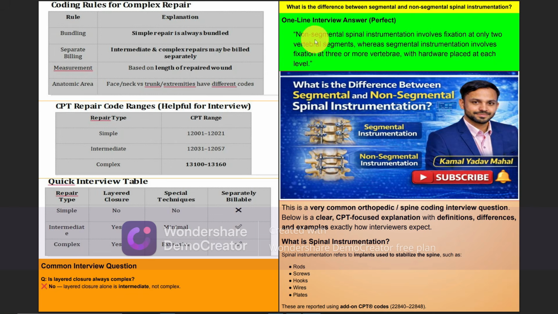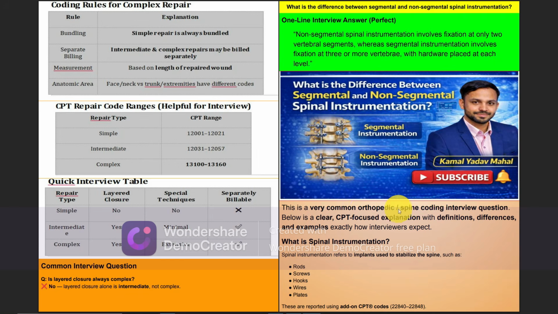So please remember this. You will see here segmental instrumentation example is given, non-segmental instrumentation example is given. So I believe this picture is clear for that.